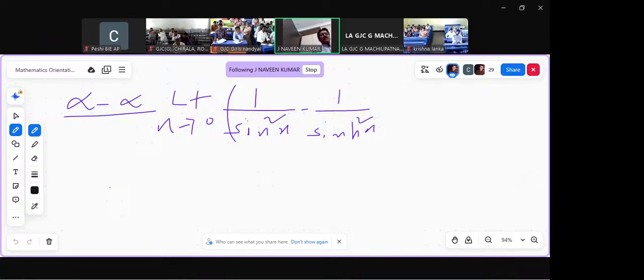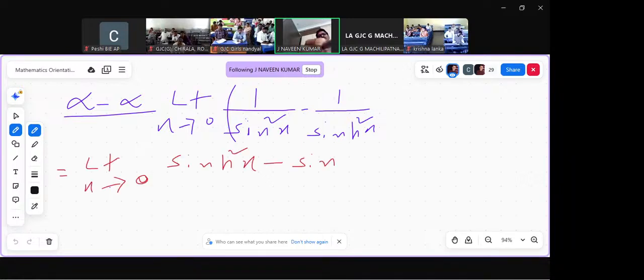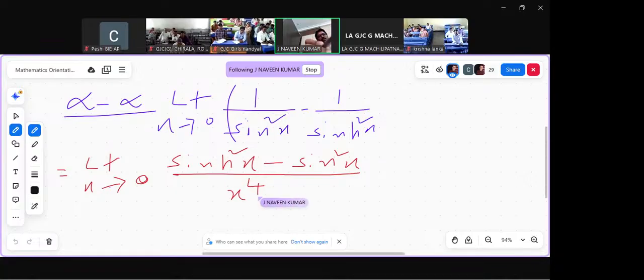So if you observe, it is in the form of infinity minus infinity. Taking the common denominator, (sinh square x minus sin square x) whole by, one step I am going to write directly, which is x to the power of 4. Observe that instead of the denominator sin square x sinh square x, I wrote x power 4.